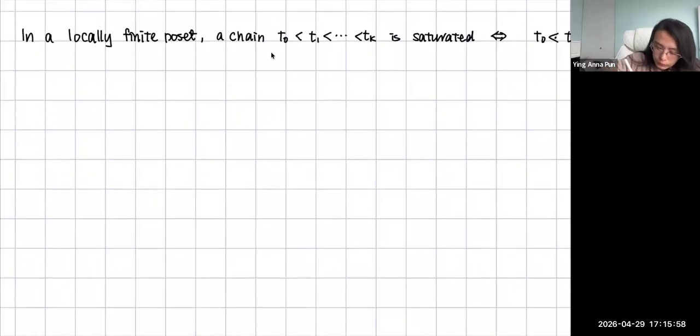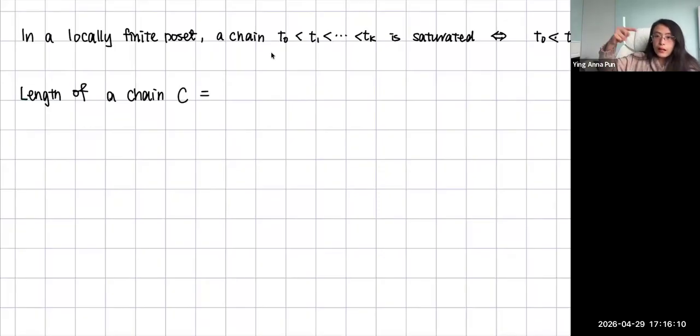So now we talk about the length of a chain. The length of a chain C is just the number of paths, the number of lines. Or the other way to say it is the number of vertices minus 1.